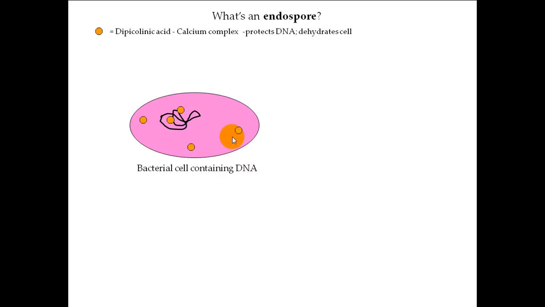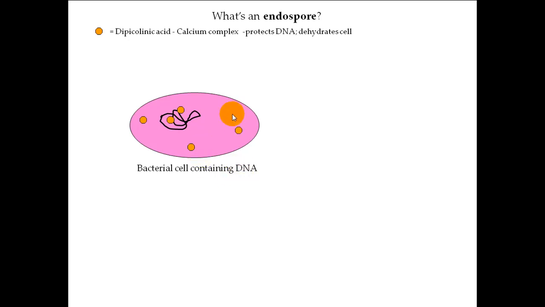So if there was a lot of water inside of that cell, and the outside environment was hot and that heat got inside of that cell, it would stay hot for a really long time, which would end up killing the cell ultimately. By lowering the amount of water inside the cell, it becomes more difficult for the inside of the cell to get warmed up. That's a useful property to have if you're going to be sitting for a long time in a really hot environment.